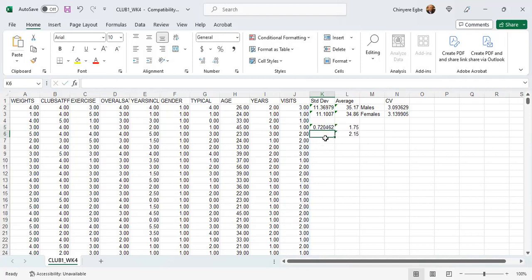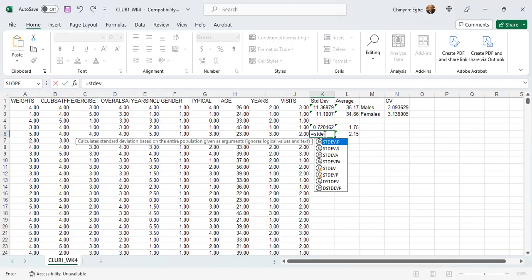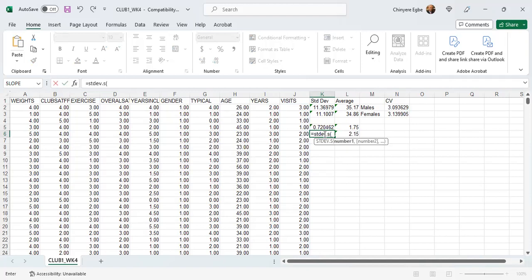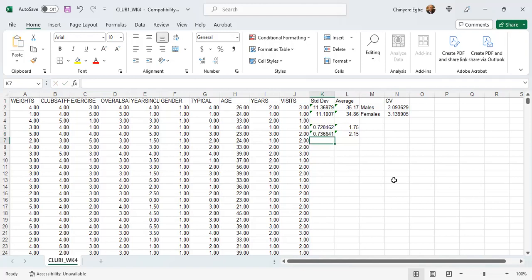And equals ST dev dot S J370 to J1215. So now we calculate the coefficient of variation of the number of visits.